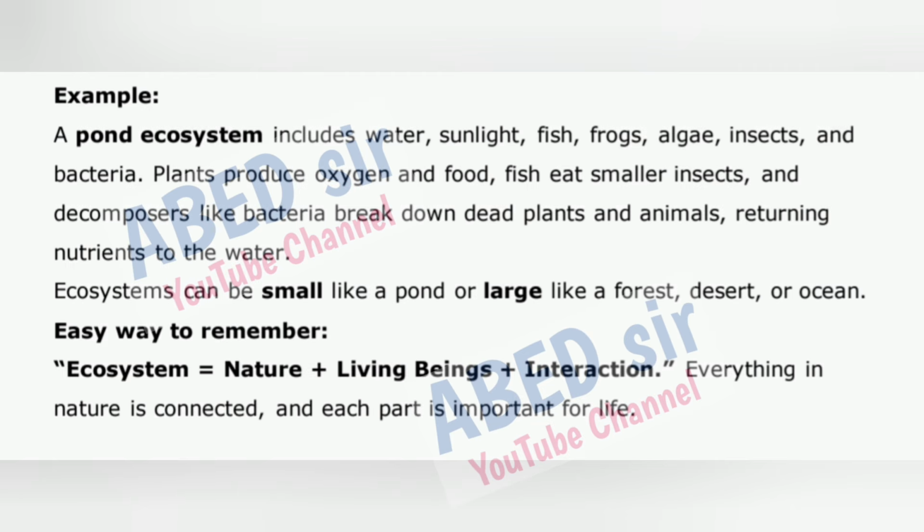Ecosystems can be small like a pond or large like a forest, desert, or ocean. Easy way to remember: ecosystem is equal to nature plus living beings plus interaction. Everything in nature is connected, and each part is important for life.